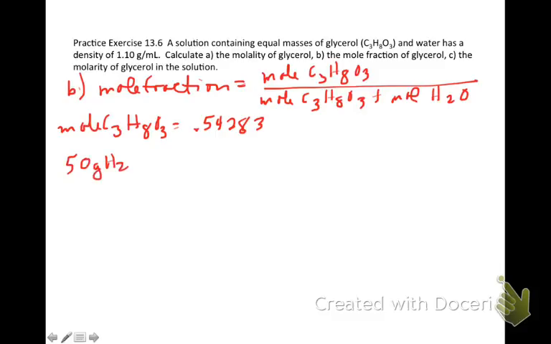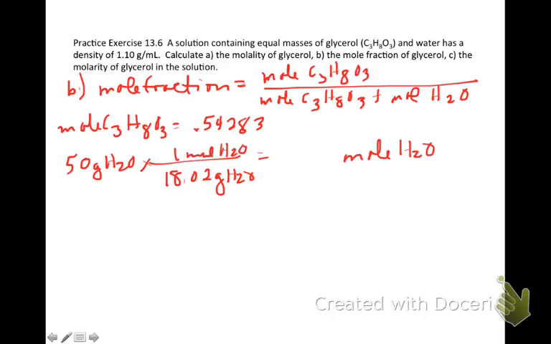I assume that there were 50 grams times 1 mole of H2O per 18.02 grams of H2O. This will give me the moles of H2O. That gives me 0.027747.